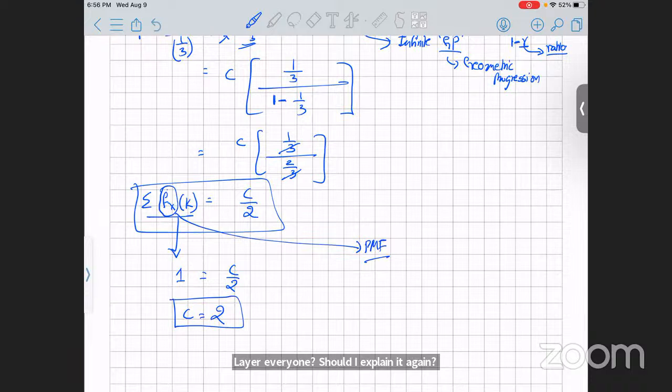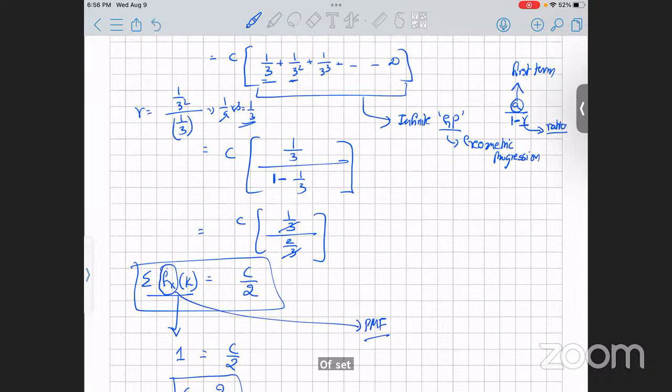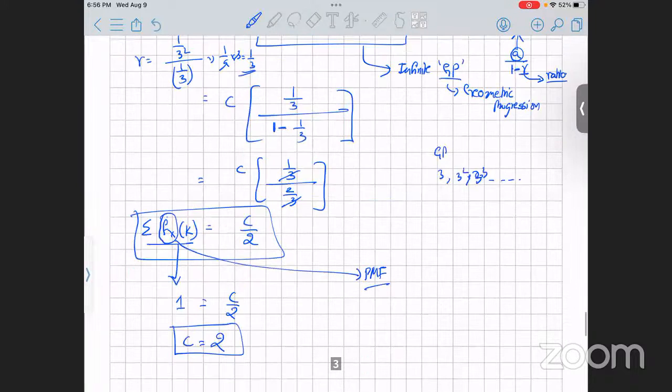Yes, sir, can you explain that infinite GP again? Look, infinite GP is like, suppose you know GP: 3, 3 square, 3 cube, something like this. Infinite GP means it still goes on, there is no stop.